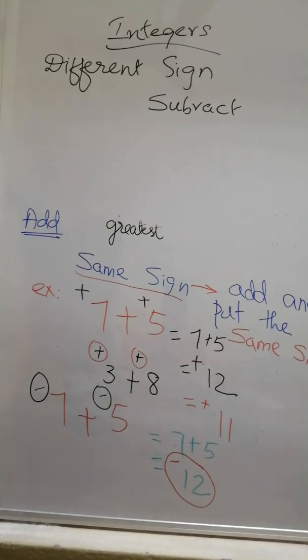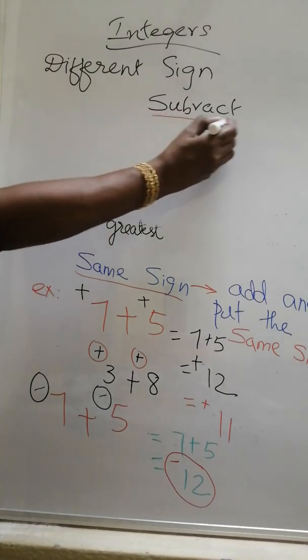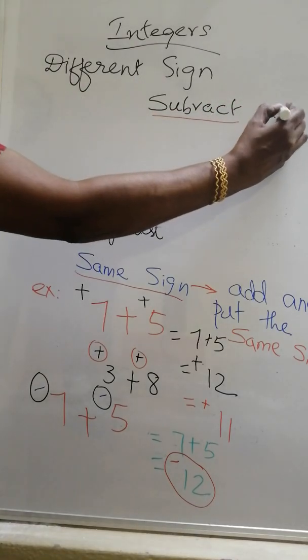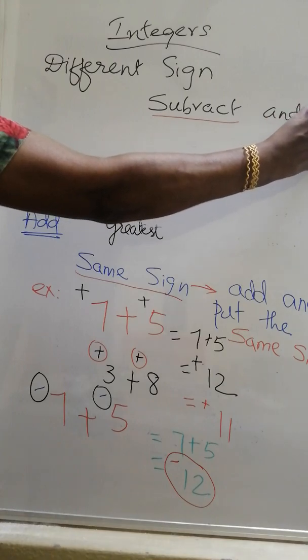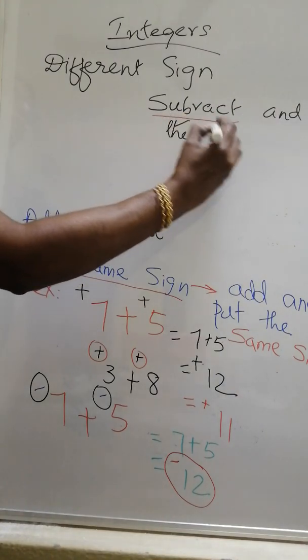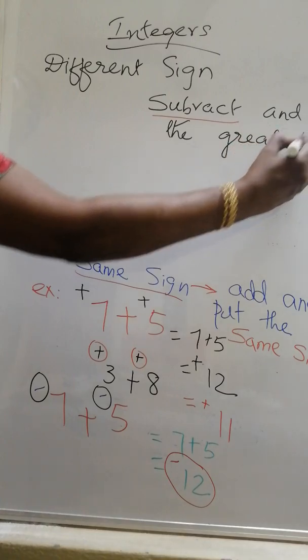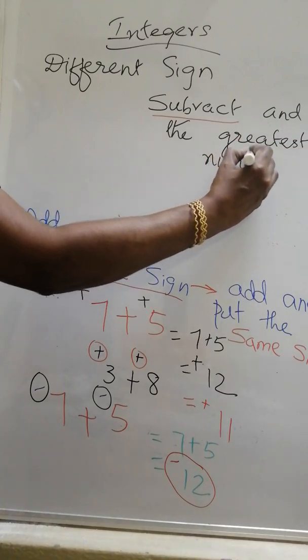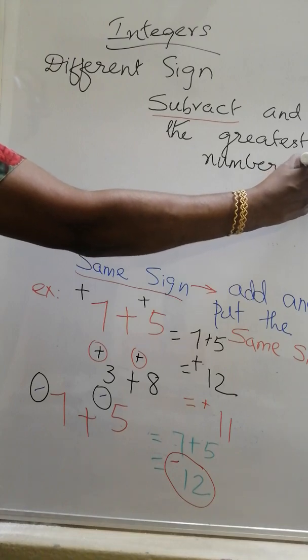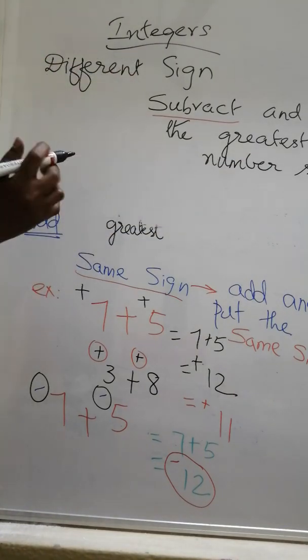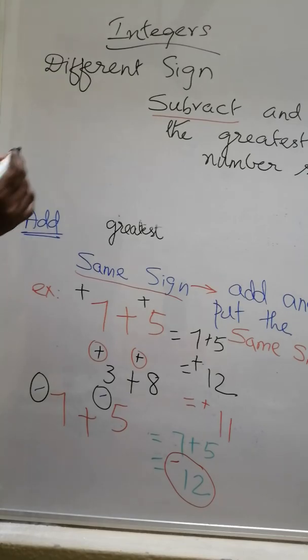Listen carefully. Subtract and put the greatest number sign. Greatest number sign. Different signs. So, two numbers are having different sign.